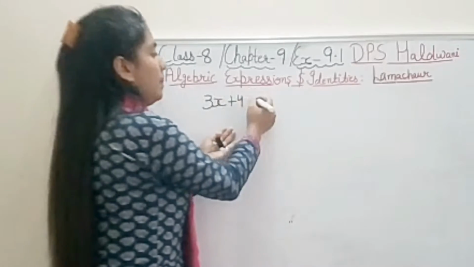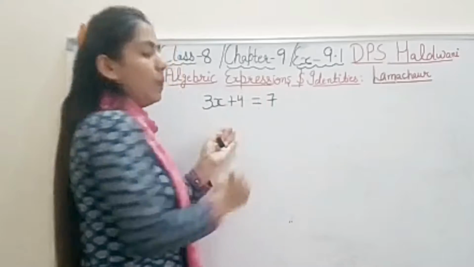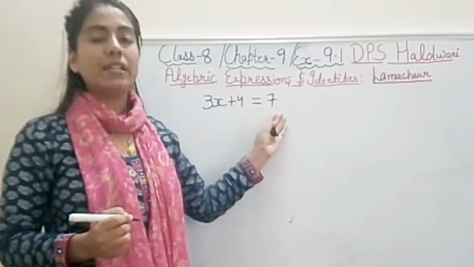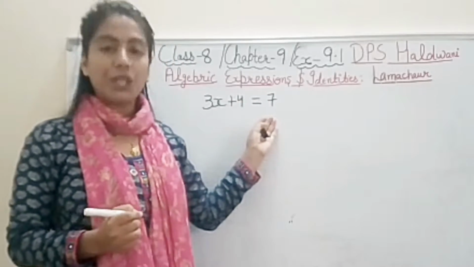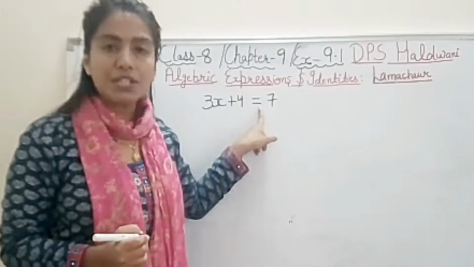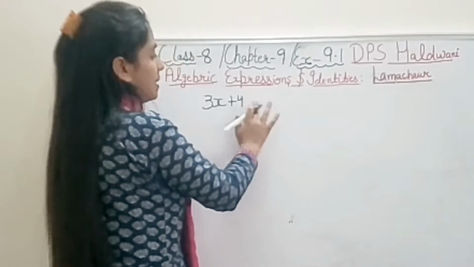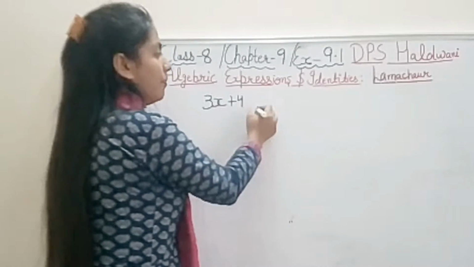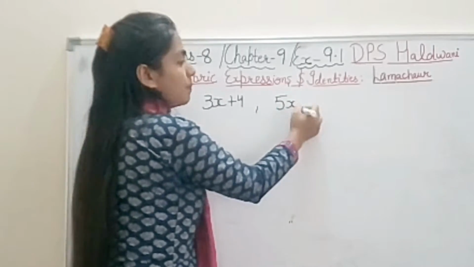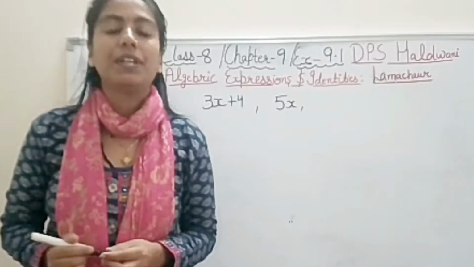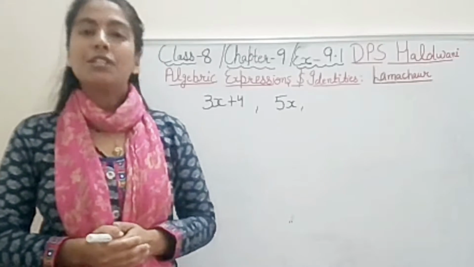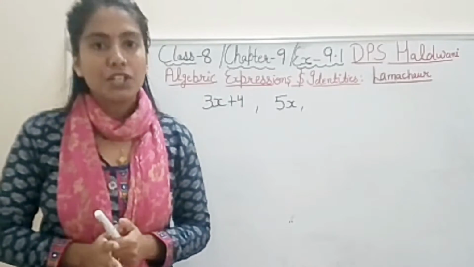When I write it equals 7, then it becomes an equation, because there is an equals sign. When there is no equals sign, then it is an expression. 5x is also an expression. 5x minus 3 is also an expression.